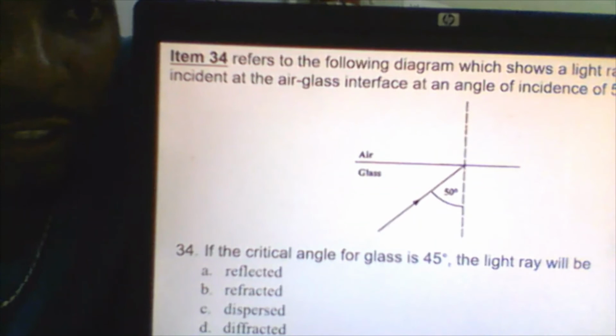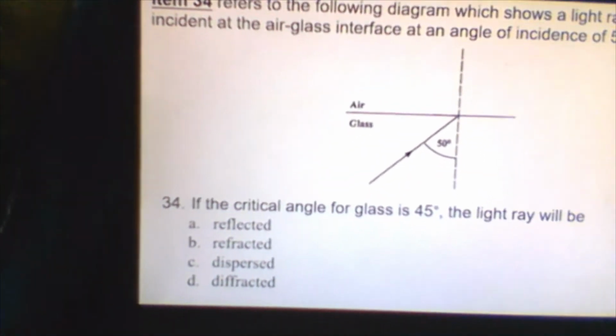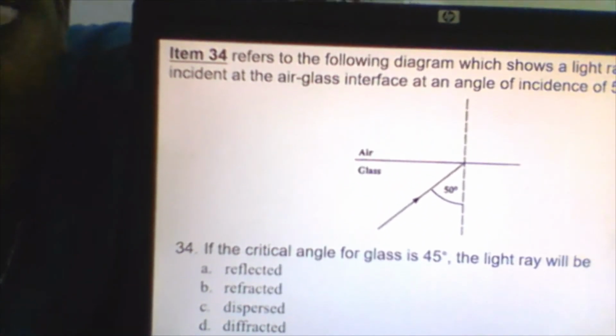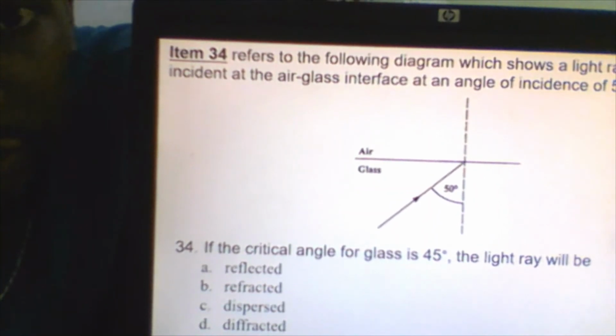And just as we said before, if the angle of incidence is greater than the critical angle, it means that total internal reflection is going to occur. So in this question, in moving from a more dense medium to a less dense, moving from glass to air, right? We have to consider the critical angle. So we say that total internal reflection occurs. So our answer for this question is going to be A.